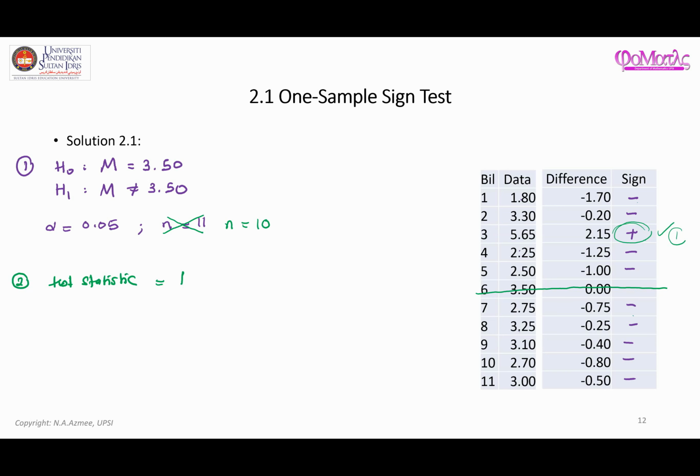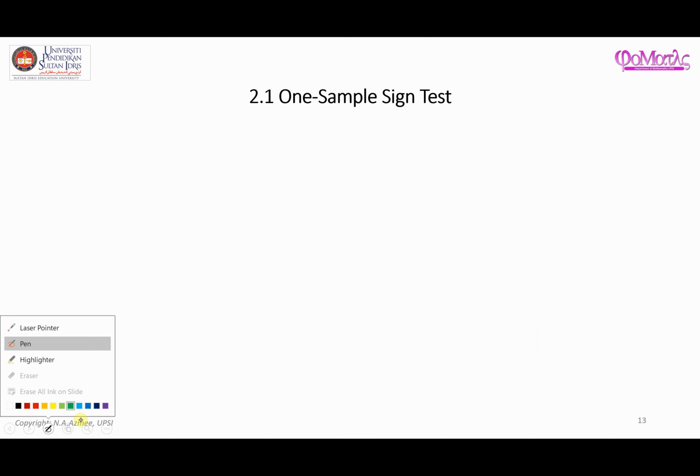Now, for the third part, we need to decide whether the null hypothesis can be rejected or not. So here we are going to deal with the process of finding the probability. You have to refer to a binomial table, and this is the probability that you need to find.